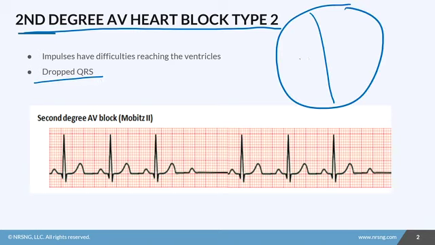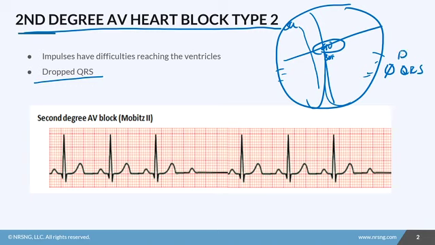Here's our heart, and here's the SA node, AV node, bundle of His, right and left bundle branches, and Purkinje fibers. Sometimes the AV node prevents some of the signals from getting to the ventricles, so the ventricles don't contract, and we do not see a QRS.